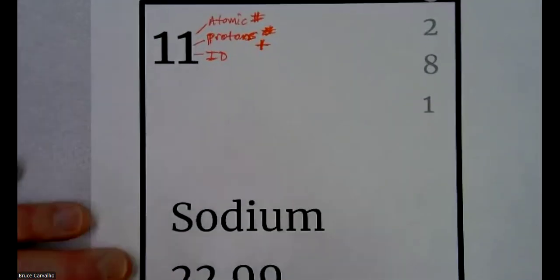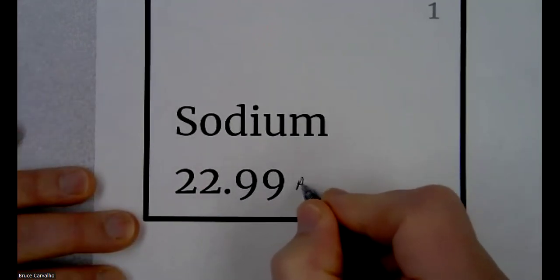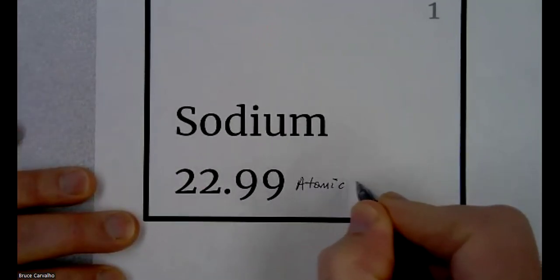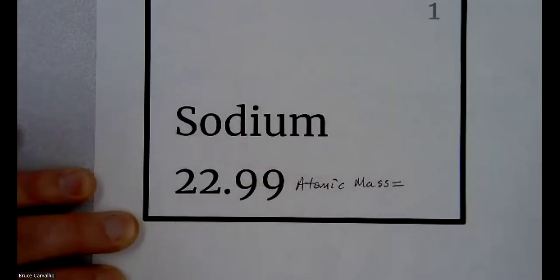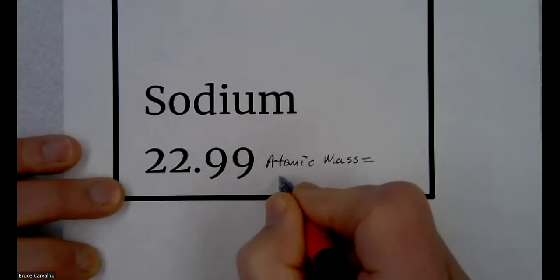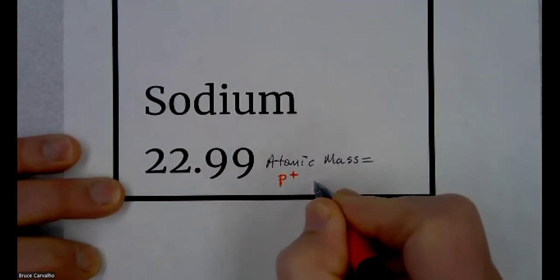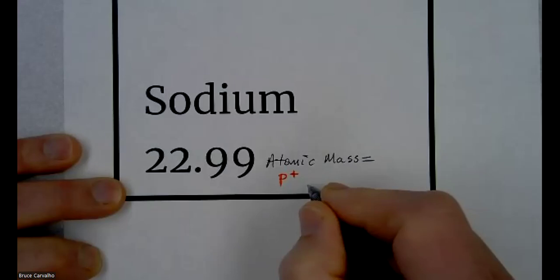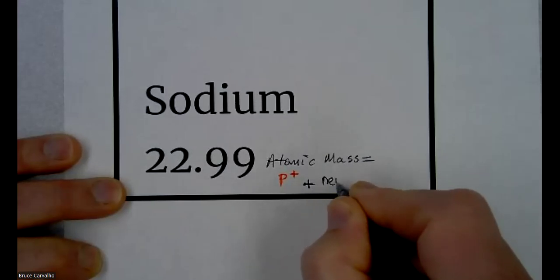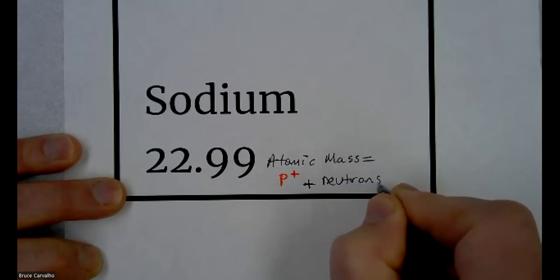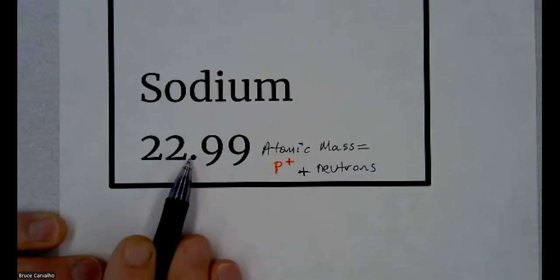All right, let's skip down to the bottom where we have the atomic mass. And the atomic mass equals the positive charges plus the number of neutrons. Now I have to round this number to the nearest whole number.